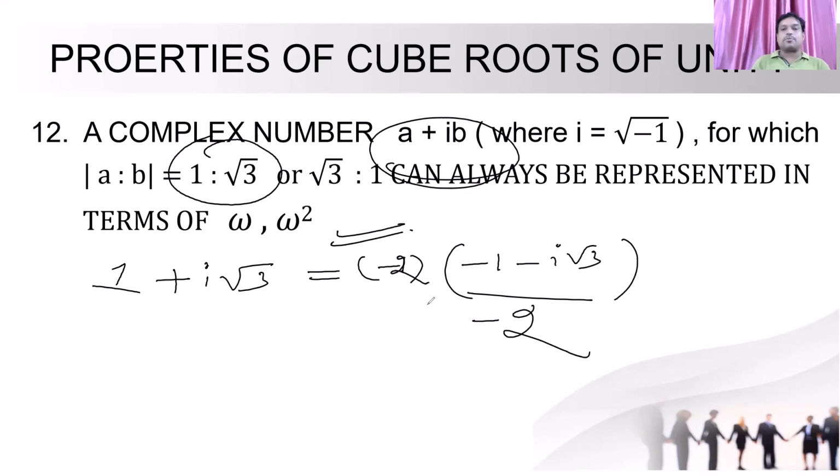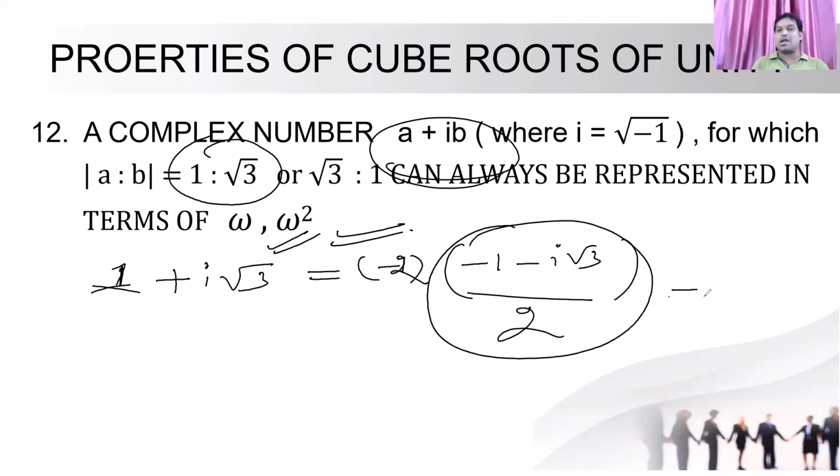Suppose I multiply minus 2 and divide by 2 inside this value, 1 plus i root 3. So this value must be what? Omega square. So this answer is minus 2 omega square.